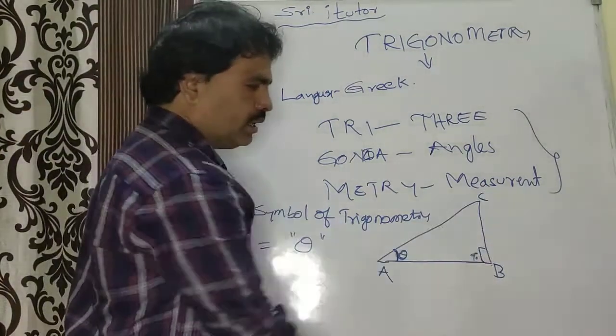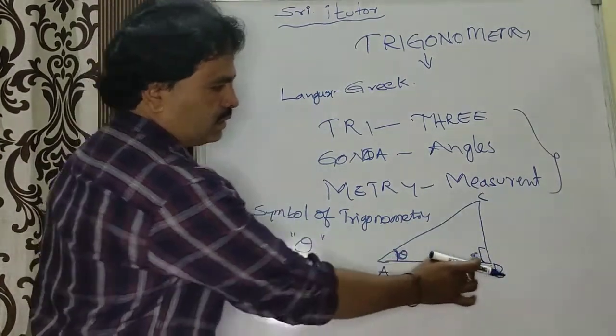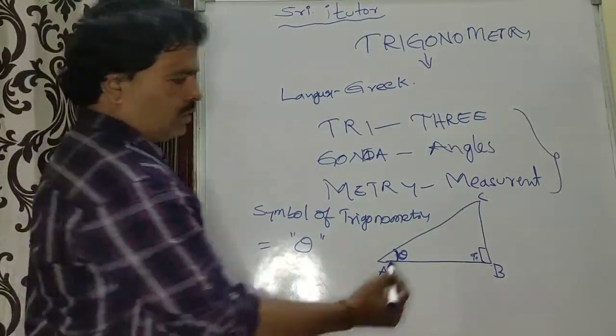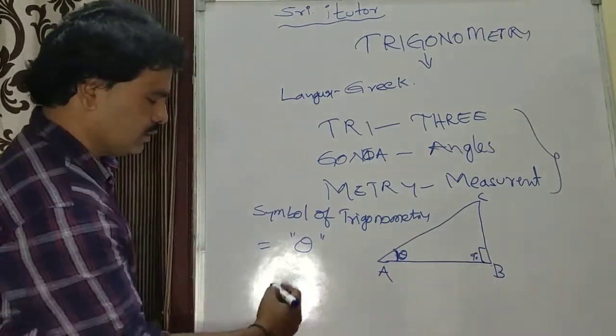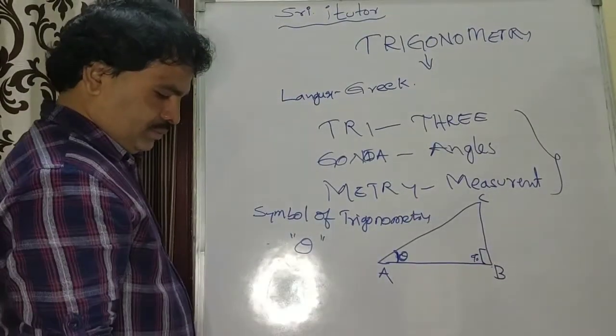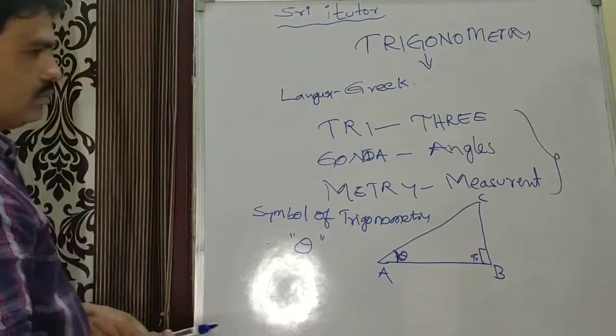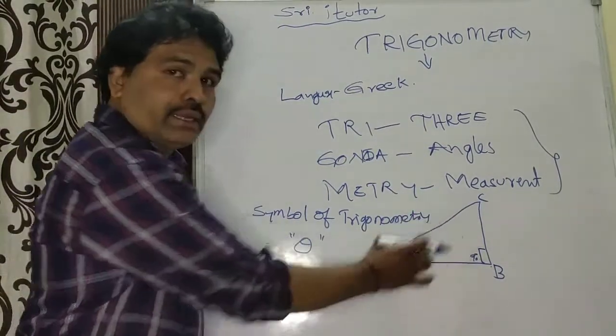In this right angle triangle, we can define three sides.